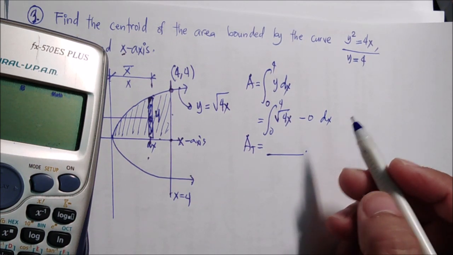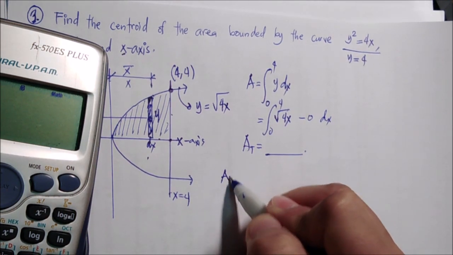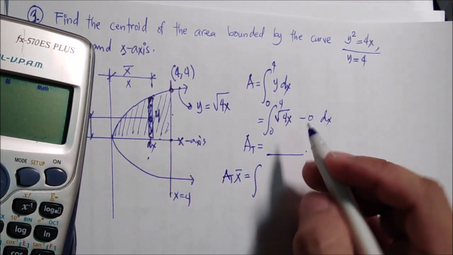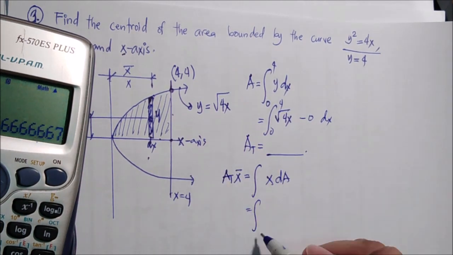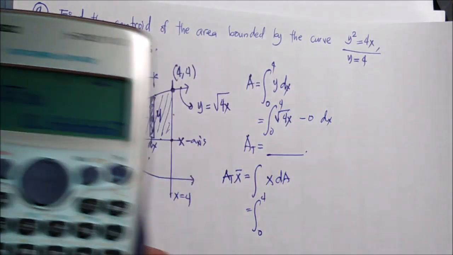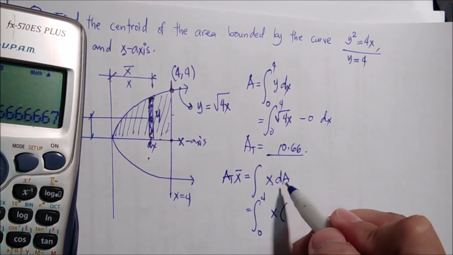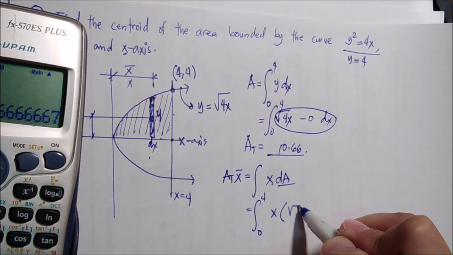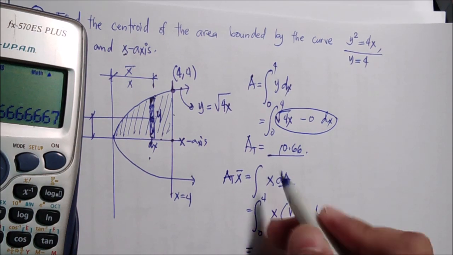Once we have the area total, we will now compute the centroids. Area total times bar x is equal to the integral of x dA, with limit 0 to 4. Our area is 10.66. x times the differential area dA, which is square root of 4x dx, limit from 0 to 4.